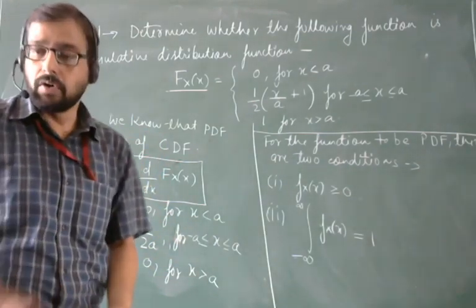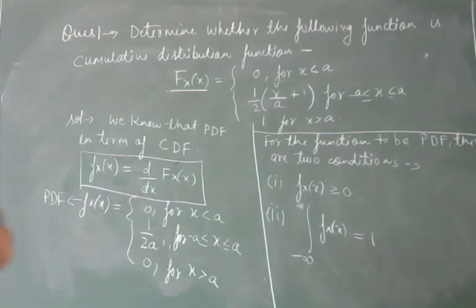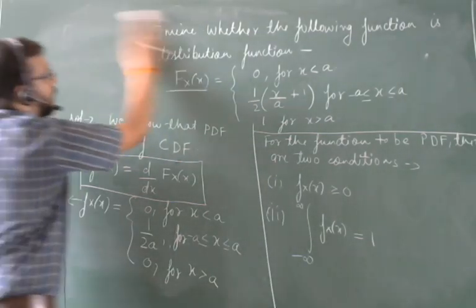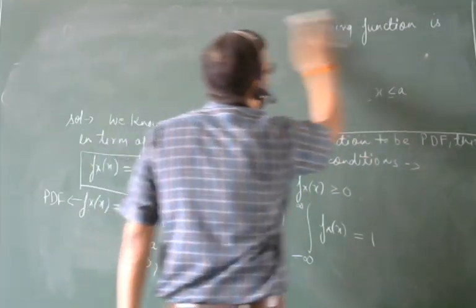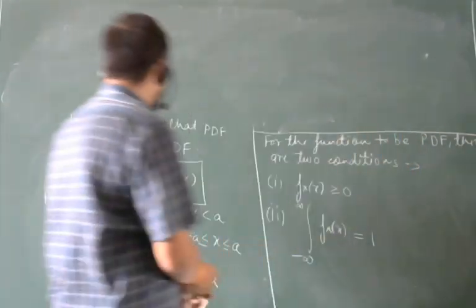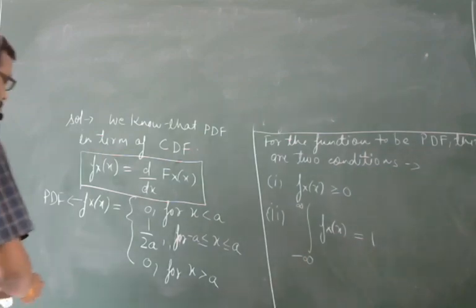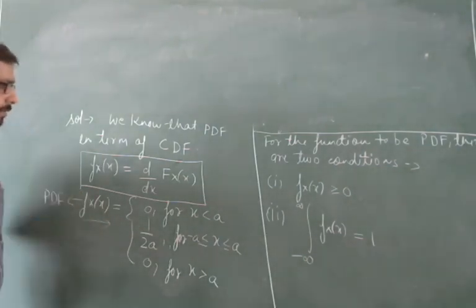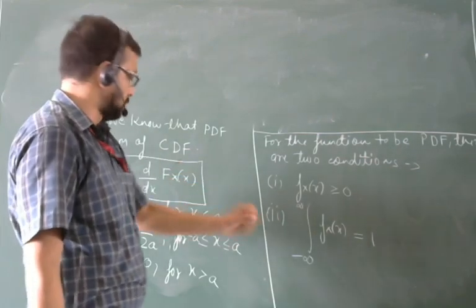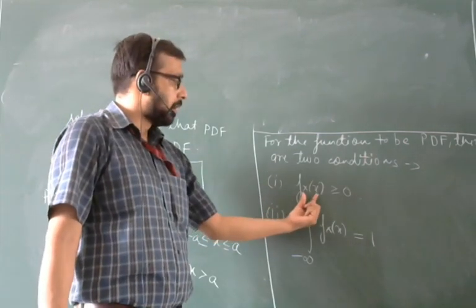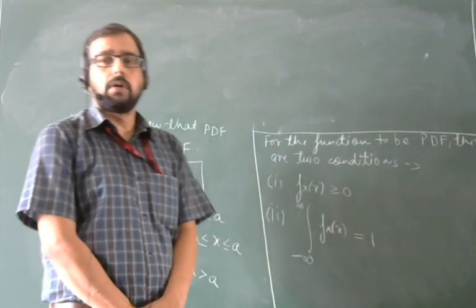Okay, now one by one take the conditions and check them. If we see on the PDF, the first condition is that this quantity f(x) is always greater than or equal to 0.